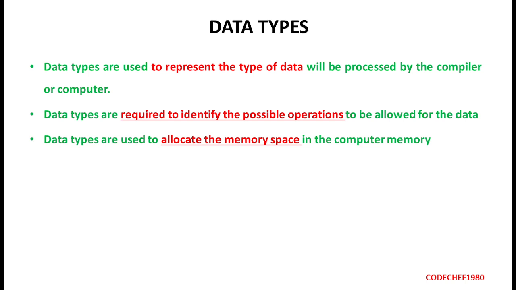So for deciding the memory space to be used for keeping the values in memory, the data types are very important. With the help of that, we know the allowed memory bytes to be used for a certain type of data given as input.